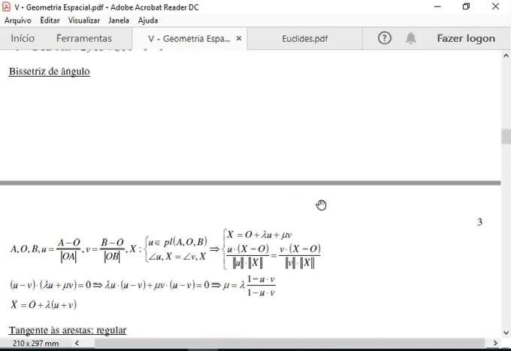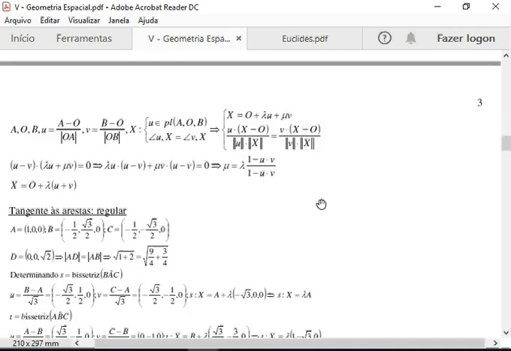Now we're going to bisect an angle. Let 3 points be A, O, B. Let U be the vector A minus O over the distance from O to A. It's a unitary vector. A, O, B are points or vectors. V is a vector, B minus O over OB, is a unitary vector too.